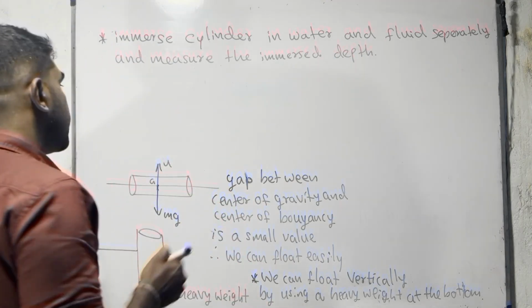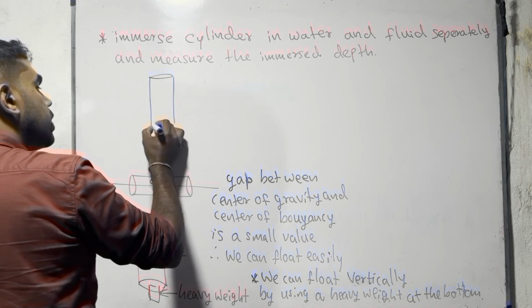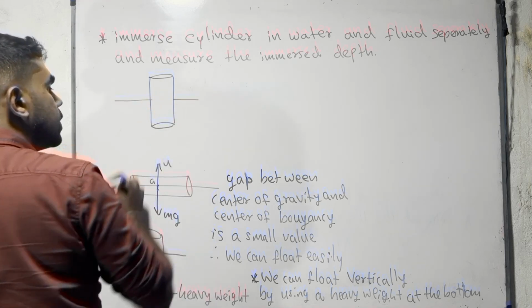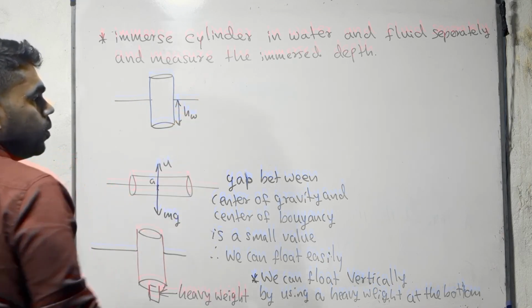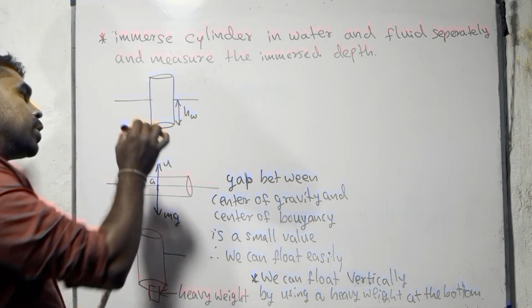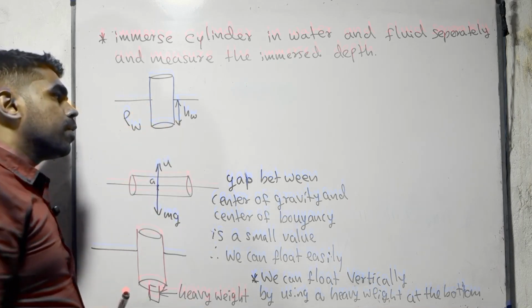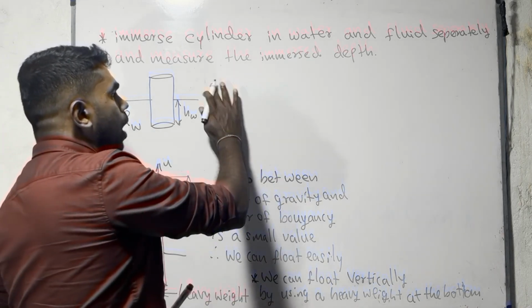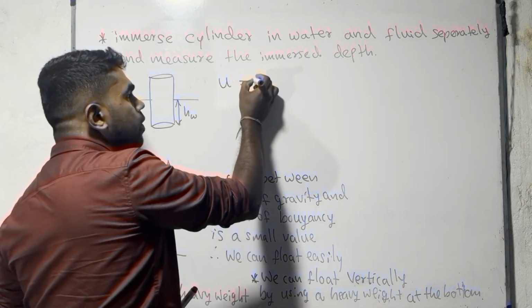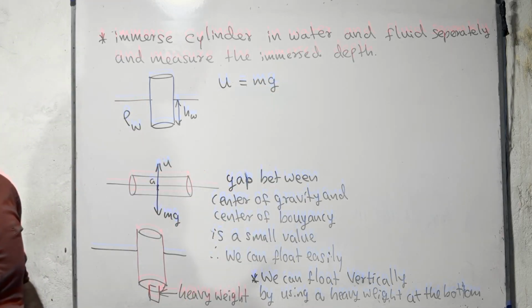Then we can get, if an object is immersed in water like this, immersed depth HW, density of water rho W, we can write upthrust on object equals weight. It is according to the floating principle.